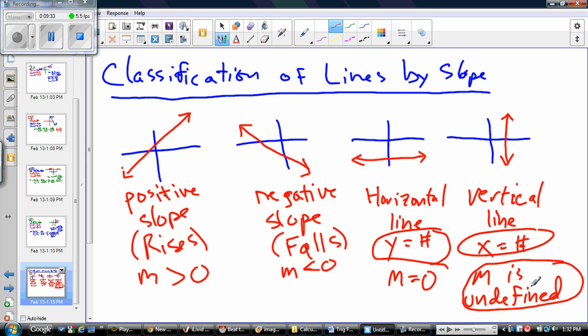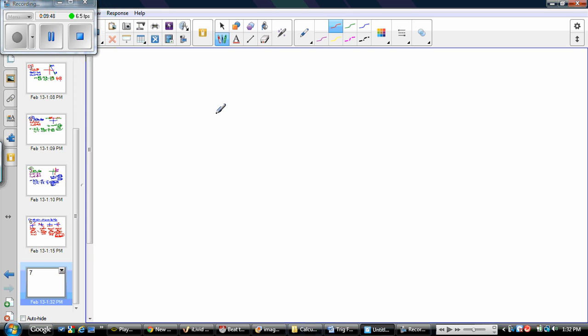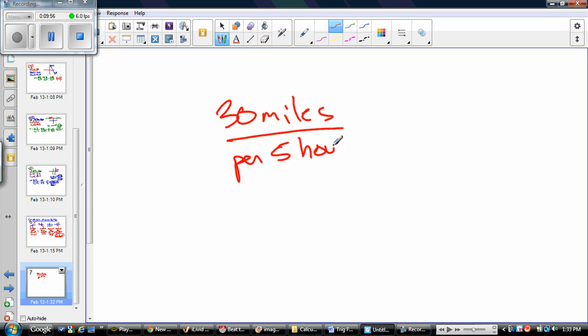And then the next thing we're going to build off of slope is getting into rate of change, where you're now just comparing a change in one quantity to a change in another quantity. So an example might be, and you guys have done this forever, 30 miles per 5 hours.